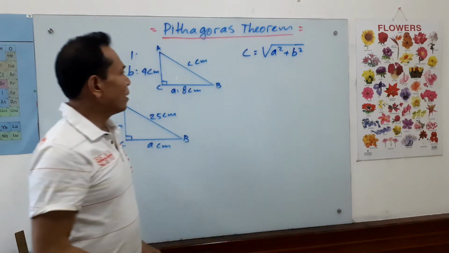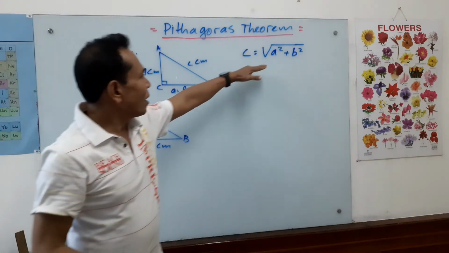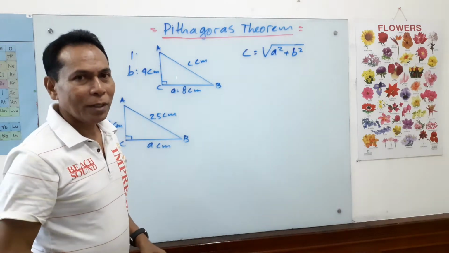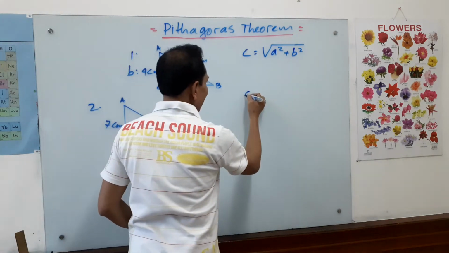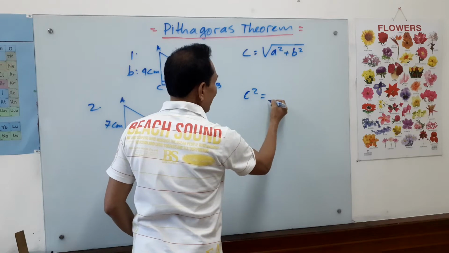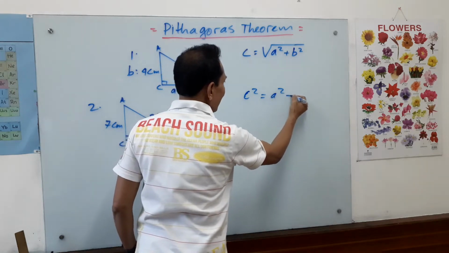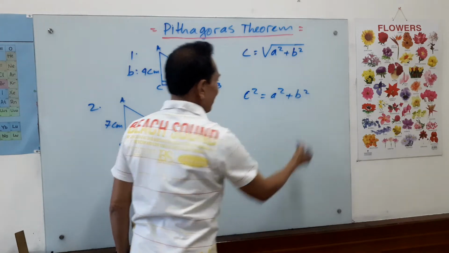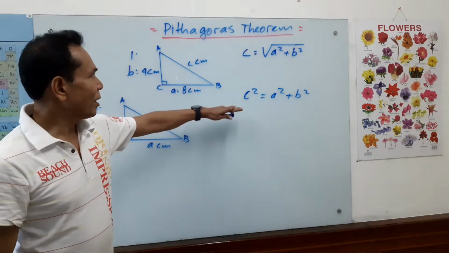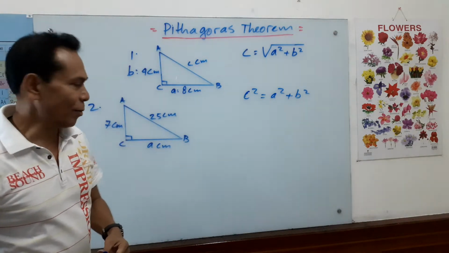We put them under a square root because C square equals A square plus B square. That's the formula of this Pythagoras.